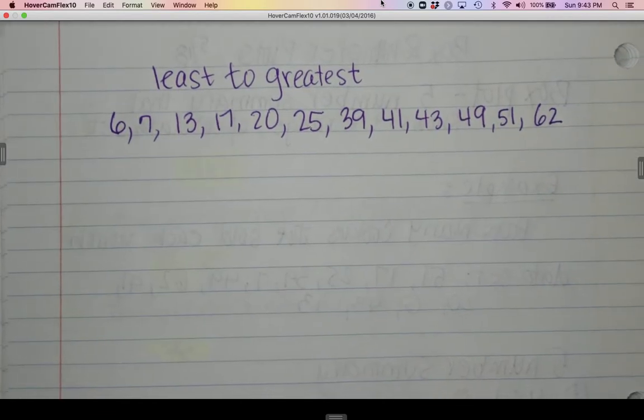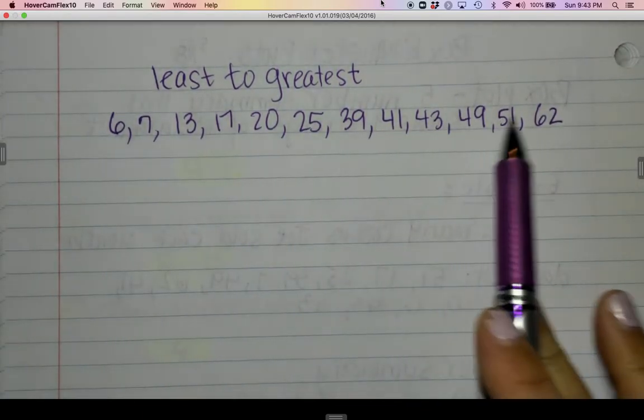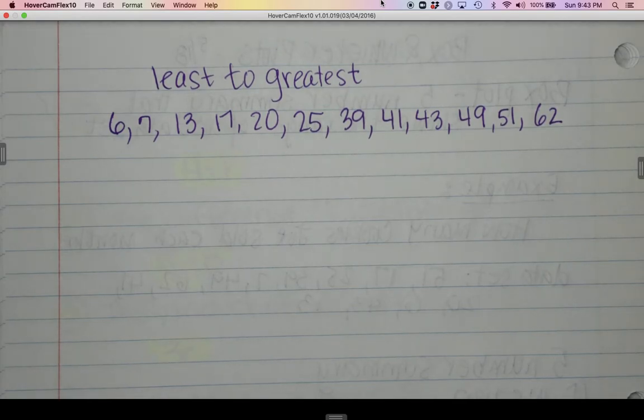So I'm just going to make sure I have all the numbers by counting. 1, 2, 3, 4, 5, 6, 7, 8, 9, 10, 11, 12. Yes, I have 12 numbers.